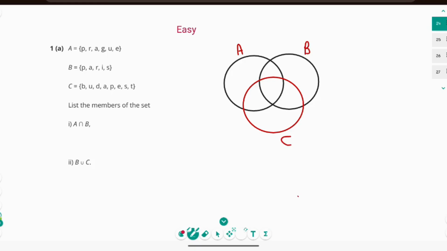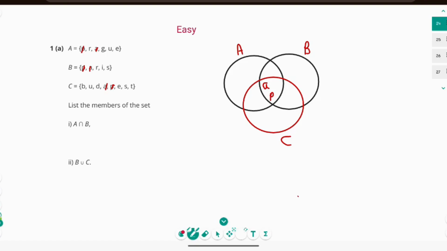Right, let me just look at the overlap of all three. A occurs in all three. P occurs in all three. I think that is it.